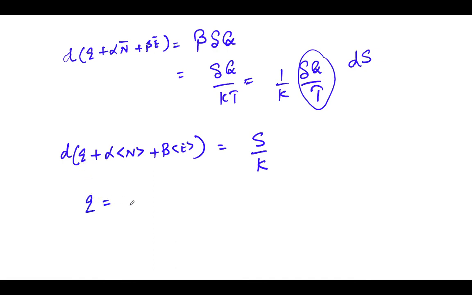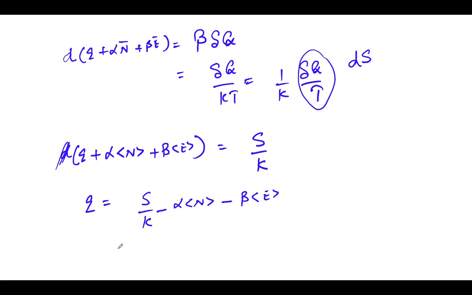Since we have removed these derivative terms, Q comes out to be S over K minus alpha into the expectation value of n minus beta into the expectation value of E.